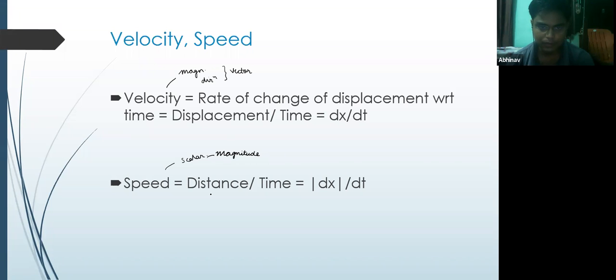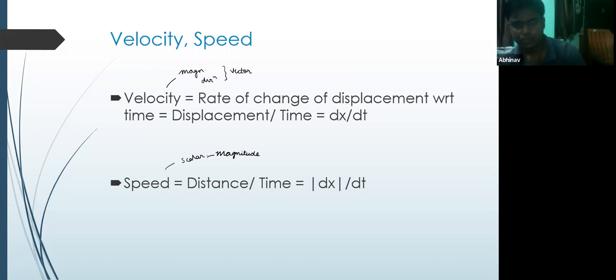It's just like the speedometer, which is there in a vehicle, in a motorcycle or in a car. You'll find that it gives speed, it doesn't give velocity, because it's always positive. Just like displacement can be less than 0, equal to 0, or greater than 0, whereas distance is always greater than or equal to 0. Distance is a non-negative quantity.